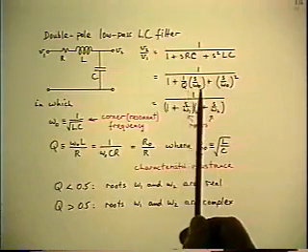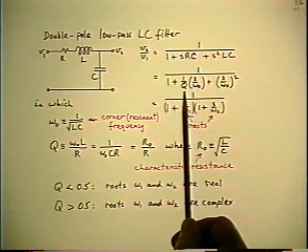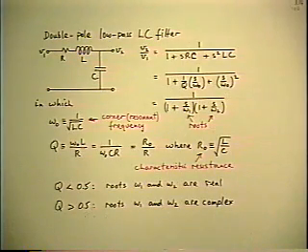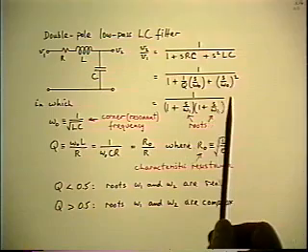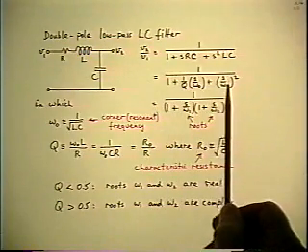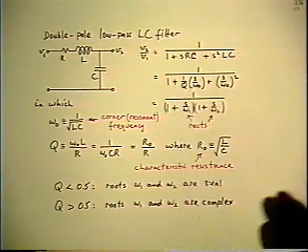Now, once we've defined these parameters, omega 0 and Q, we have now a normalized quadratic, which is like the one we've just been talking about, where the A is 1, the C is 1, because we've normalized the frequency as well, and the B has become 1 over Q.